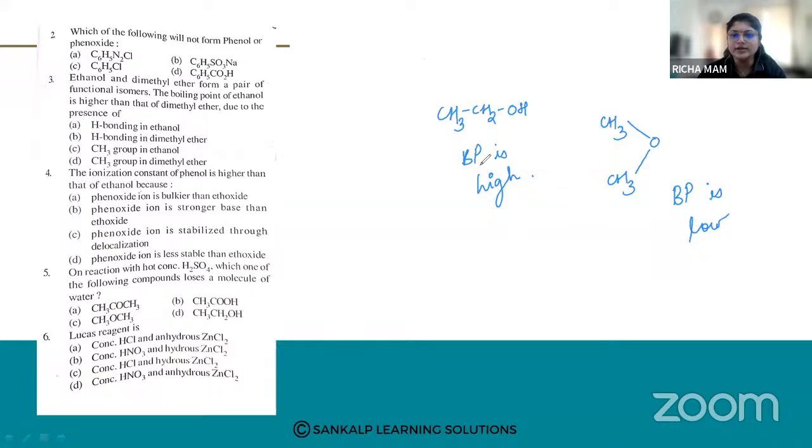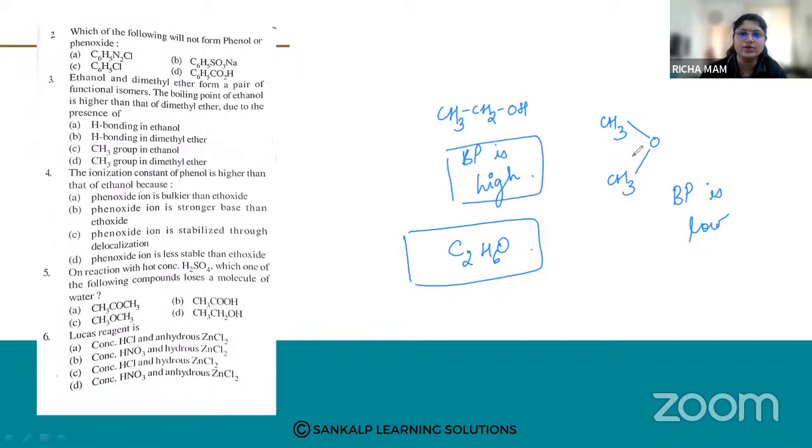So you can see that both are having the same molecular formula, C2H6O. So they are acting as functional isomers. So why is the boiling point of ethanol higher as compared to ether? Because of the hydrogen bonding in ethanol.